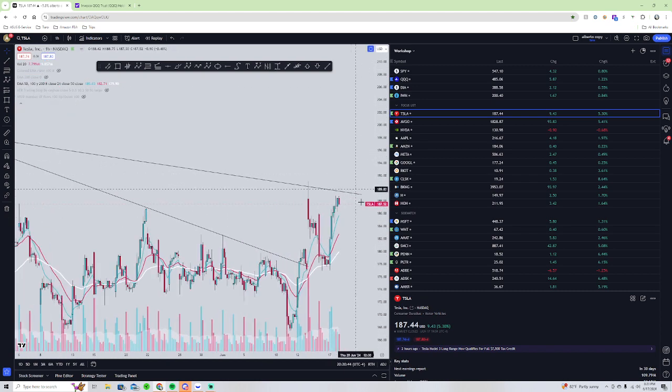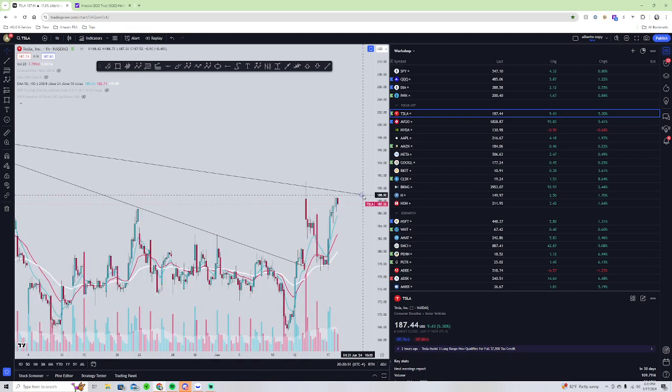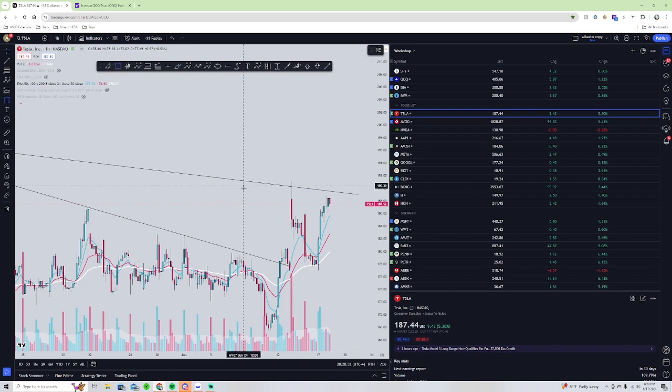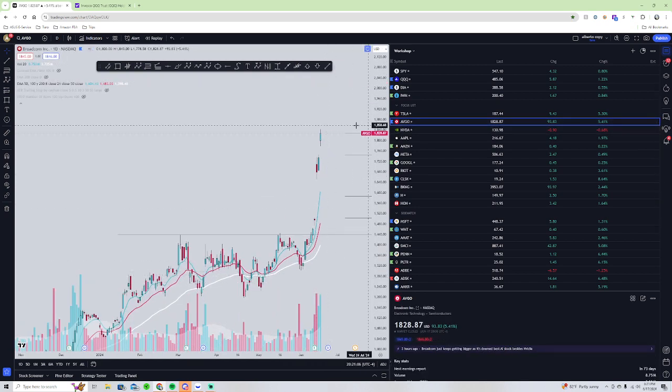Now, I wouldn't really say it has an amazing level to trade over just yet, but over 189 would probably be my starter breakout position on it. So that's where I would choose to have the breakout level on it. If I find any other names that look good, I might take this one off, but for now that's going to be the first one on the focus list.